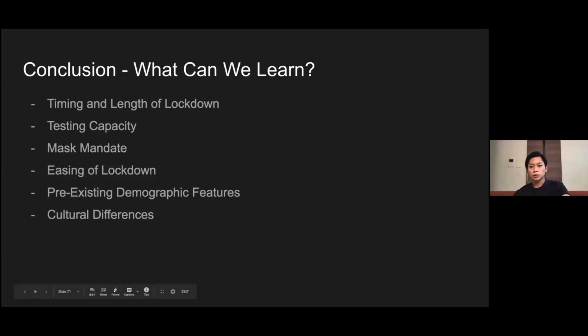So in conclusion, what can we actually learn from this cross-country comparison? The factors you see on the PowerPoint right now are all hugely influential factors that decide, I think, based on our analysis, how countries did during the pandemic. Concerning the timing and length of lockdown, New Zealand's alert level escalated from 1 to 4 in just 5 days when their case count had barely passed 1,000.